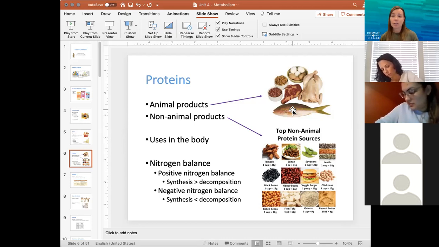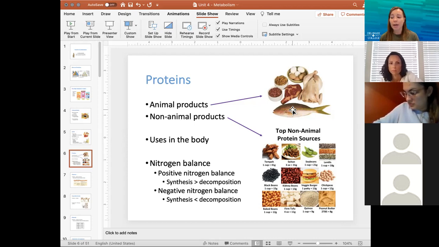So collagen is a protein fiber that's found in many tissues in the body. It's found in your skin, it's found in connective tissue. Keratin is a protein, and keratin is found in hair and nails and it makes nails hard. So it helps with the structure of those things.